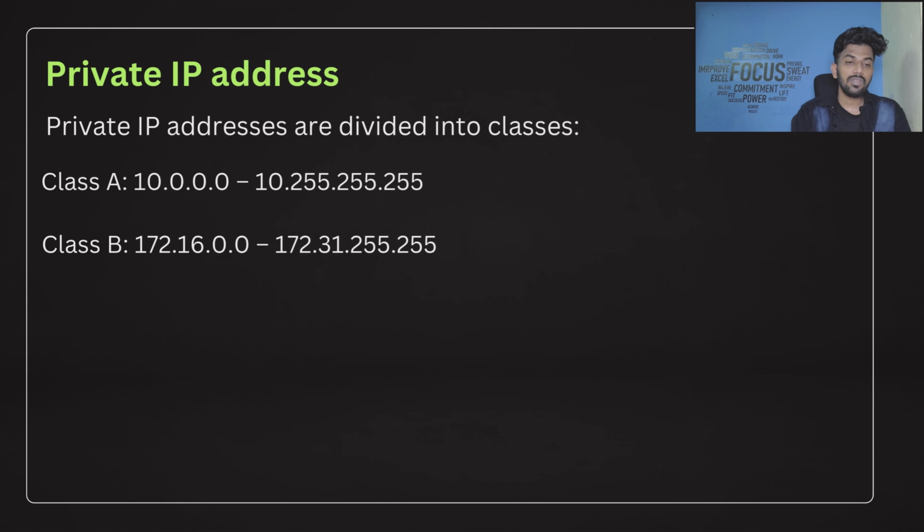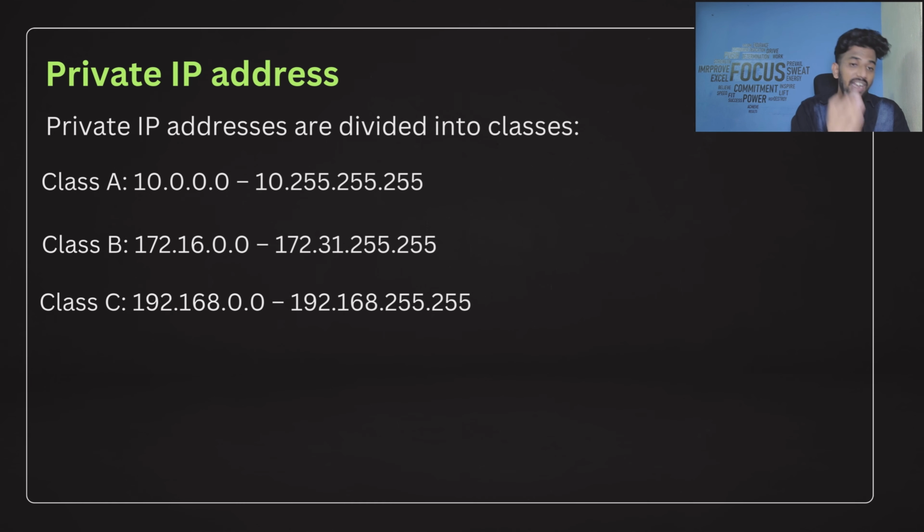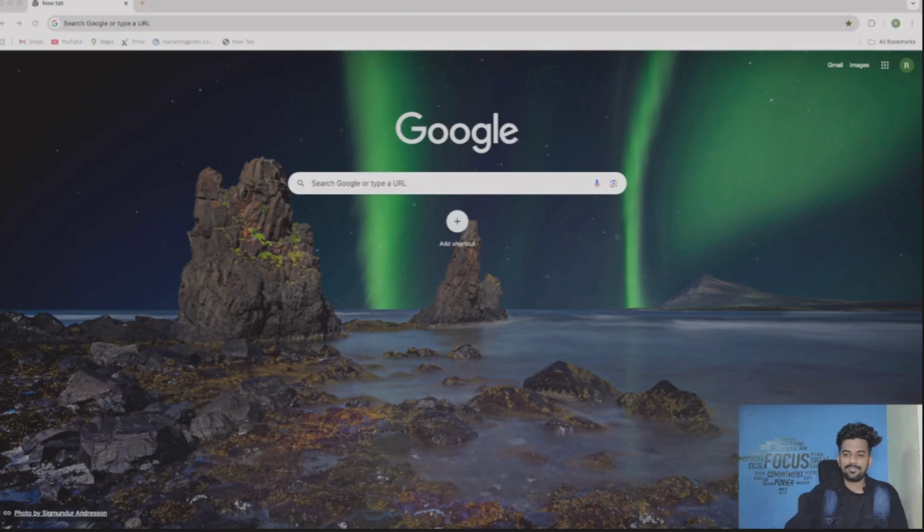Then class B, the range starts from 172.16.0.0 to 172.31.255.255. Then class C, the range starts from 192.168.0.0 to 192.168.255.255. So this is all about private IP addresses.